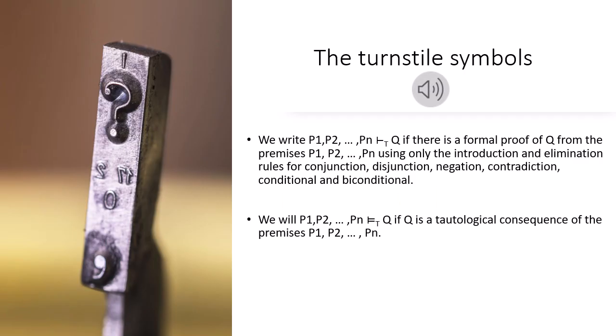To make our discussions a little bit easier in terms of the syntax and the semantics, we're going to introduce two new symbols, and they're the turnstile symbols. The first is a turnstile with a single horizontal bar. That's in that first bullet point.